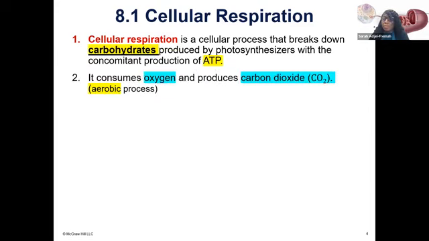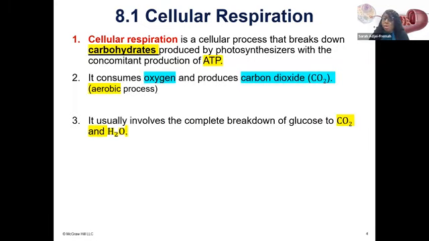So oxygen, which is produced during photosynthesis, is consumed during cellular respiration. And because it's using oxygen, this process is said to be aerobic. It will result in the production of carbon dioxide gas and also water in the process.